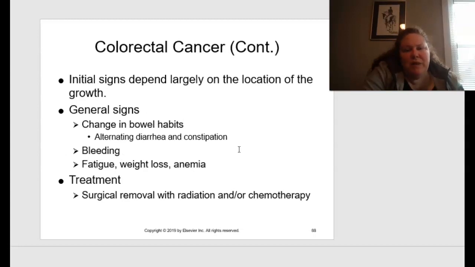Initial signs are dependent largely on the location of the growth. Some general signs can be changes in bowel habits where you're alternating between diarrhea and constipation, bleeding, fatigue, weight loss, and anemia. Treatment would be surgical removal with radiation and/or chemotherapy.